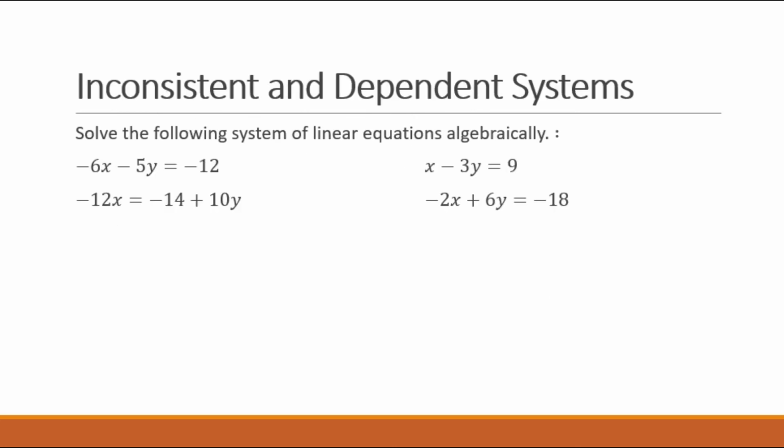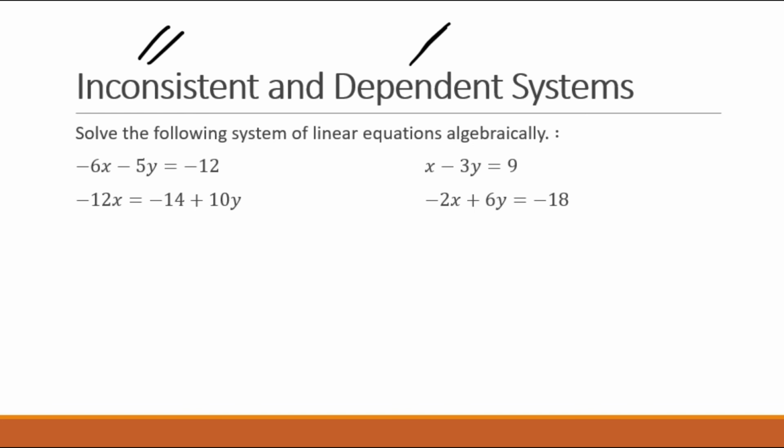And the last slide I want to look at today is going to talk about those inconsistent and those dependent systems. So inconsistent, parallel, no solution. Dependent, equivalent lines. Okay, and I'm just going to see how the math plays out when you try and solve this. First of all, this is a hot mess.